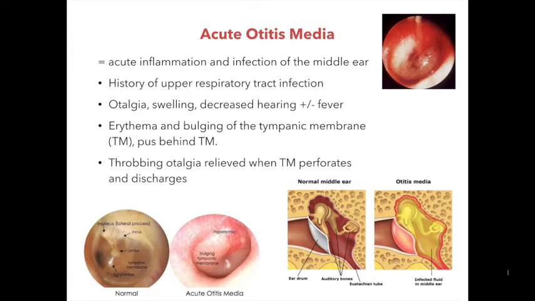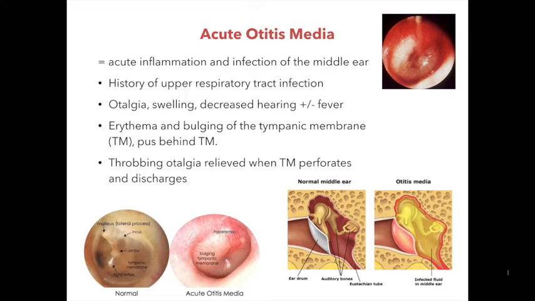Our next section is on acute otitis media. So this is a condition that's typically treated by GPs in the community setting. It's not typically something that an ENT doctor will see, but for completeness' sake and because of the associated very important complications, we'll go through it anyway. So it's an acute inflammation and infection of the middle ear.